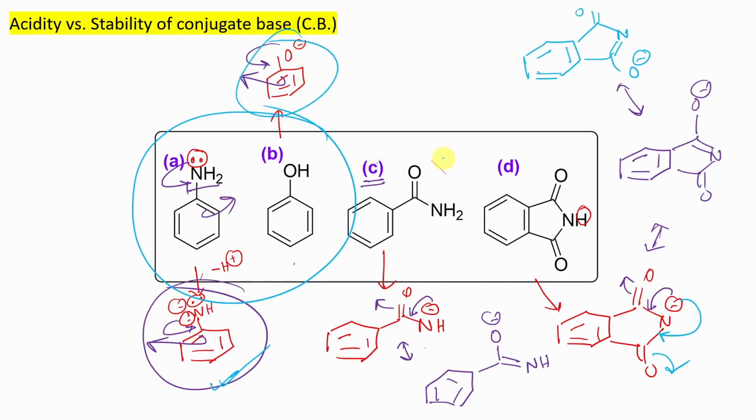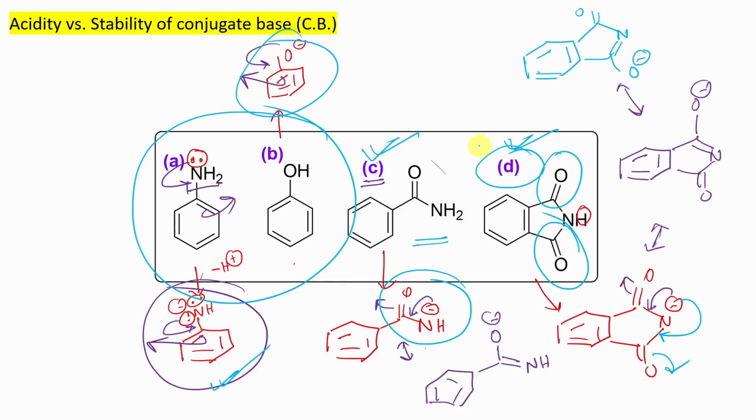Now if you look at options C and D, this stabilization does not affect or involve the benzene ring. Consequently, benzene's aromatic stability is not hampered. Now compare the C versus D option. The conjugate base produced from option D is doubly stabilized by resonance. I repeat: the conjugate base is doubly stabilized by resonance, by the conjugation of two carbonyl groups.